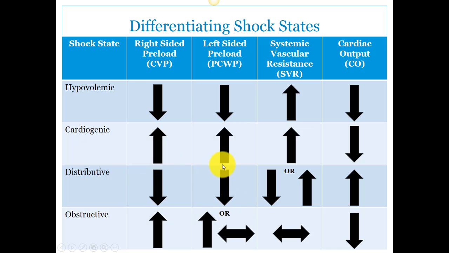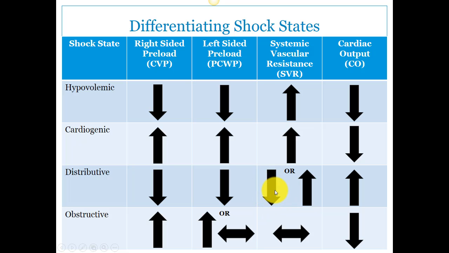You haven't really lost a lot of fluid, but the fluid that we have won't fill the size of the piping system, so to speak. So what happens is, initially you'll see a drop in your preload. Initially, because of that inflammatory response, you're going to see a drop in systemic vascular resistance. So your afterload is going to go down.